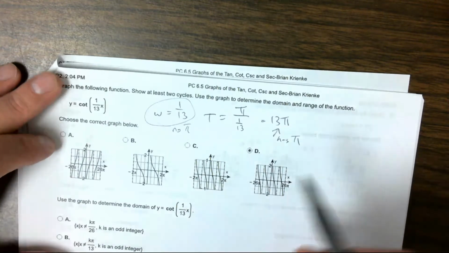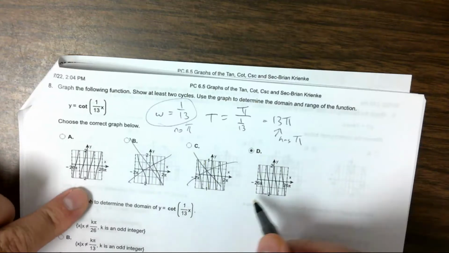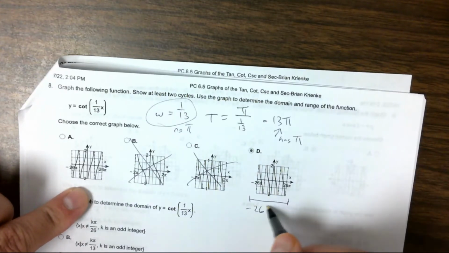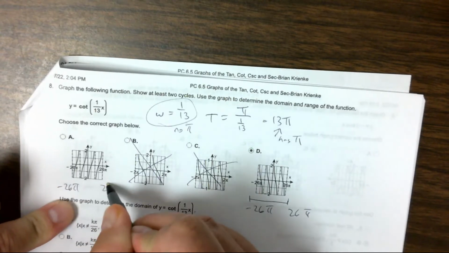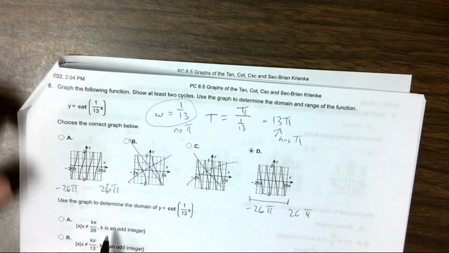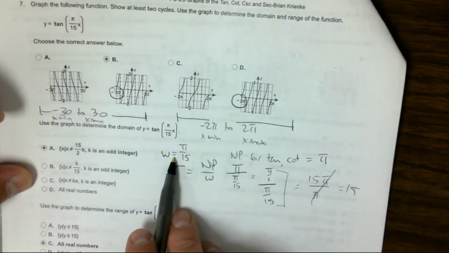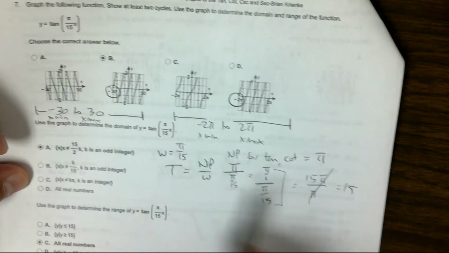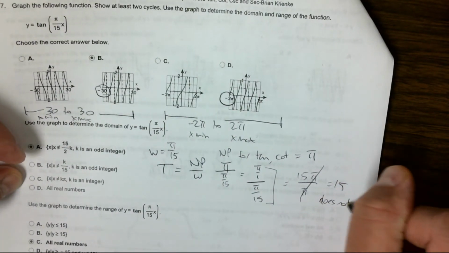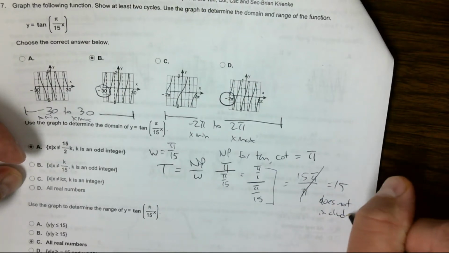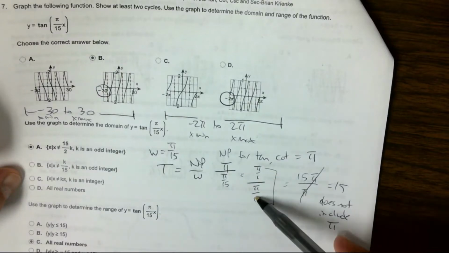So you'd rule out the ones with negative 2 pi to 2 pi, but you need negative 26 pi to 26 pi. Again, going backwards just a little bit, this W had pi, and so this does not include pi. Because they're kind of like exclusive, because you can see these canceled out.